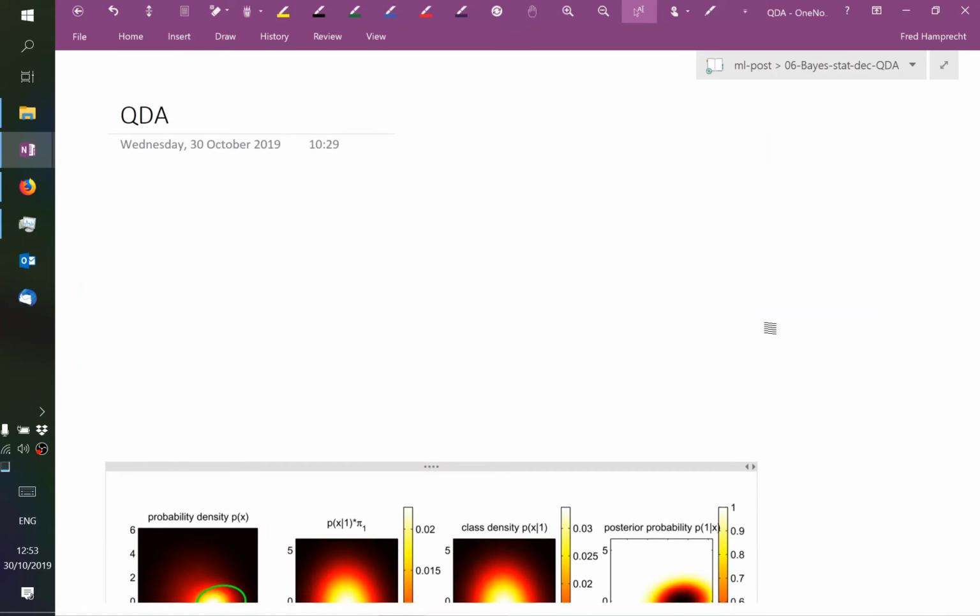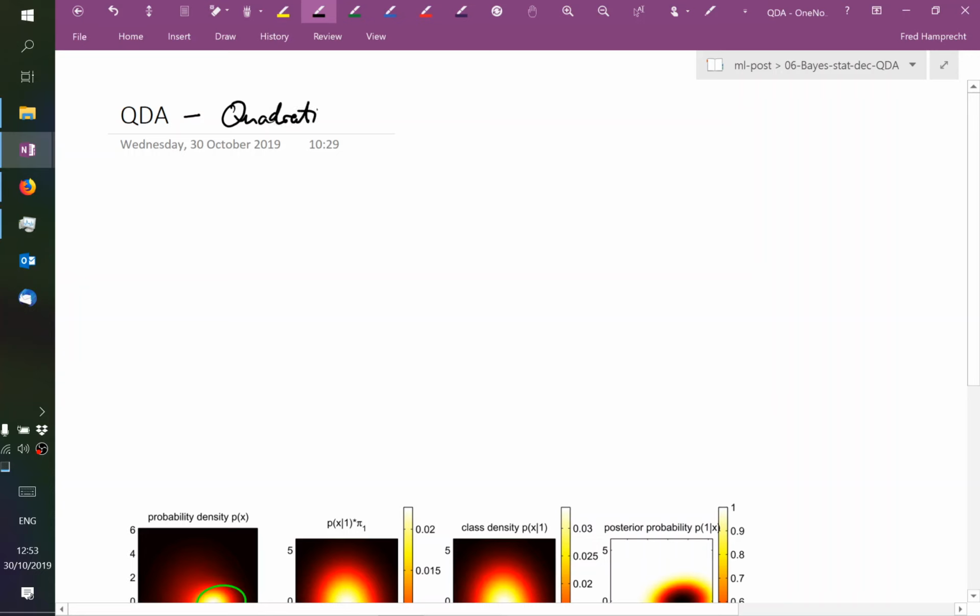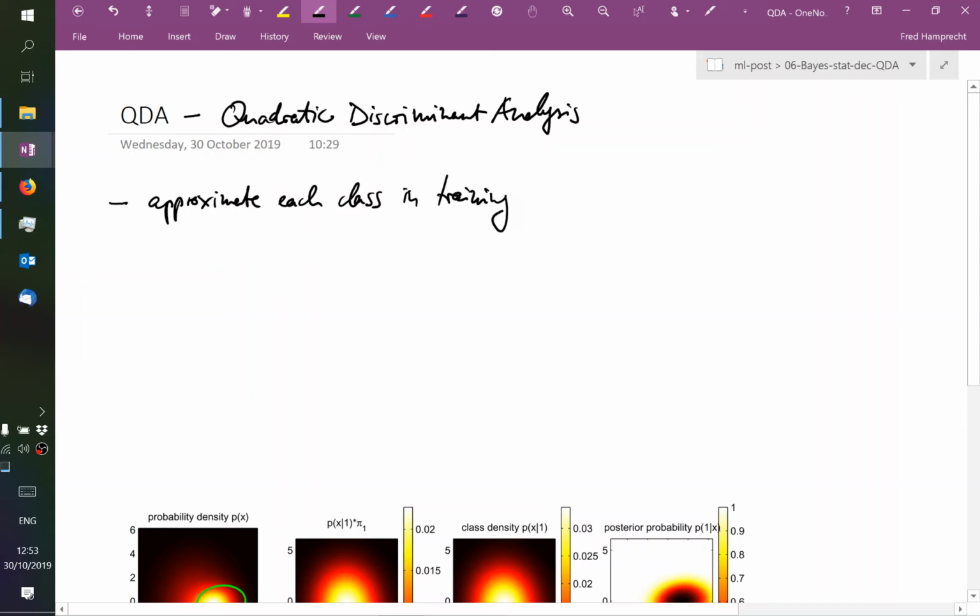So QDA stands for quadratic discriminant analysis. And what we do in QDA is we approximate each class in the training data by a single Gaussian, so one per class.